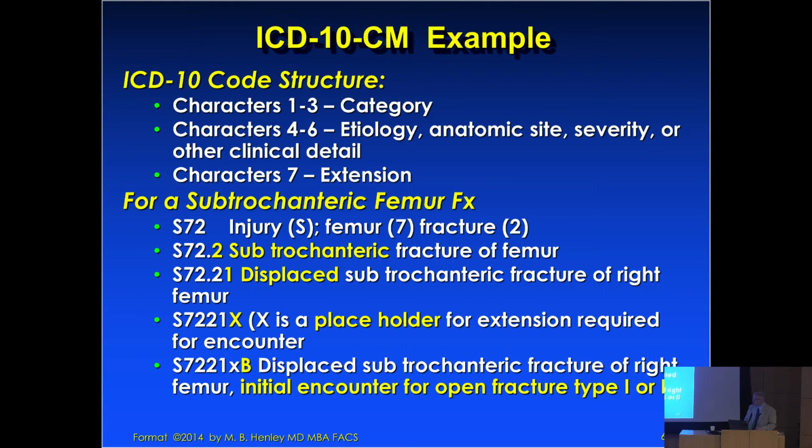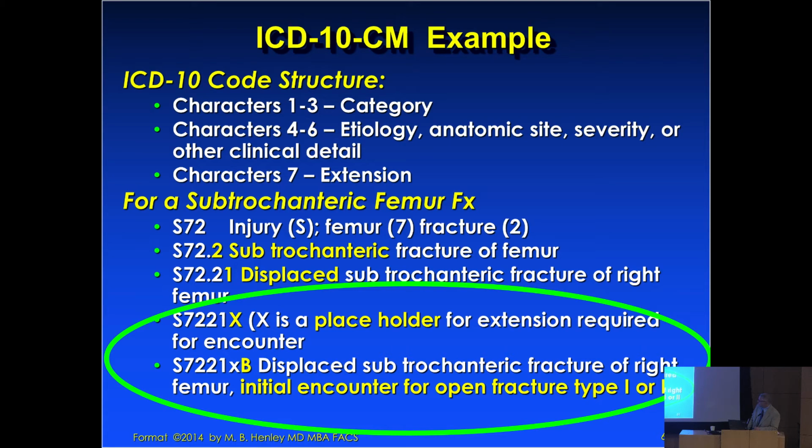The 1, the point 21, denotes displacement. Because a seventh character is required for this open fracture initial encounter, the X is used as a placeholder in the 6th position. So S72.21XB is a displaced subtrochanteric fracture of the right femur, initial encounter for an open fracture type 1 or 2. That gives you some idea of what this code set looks like.